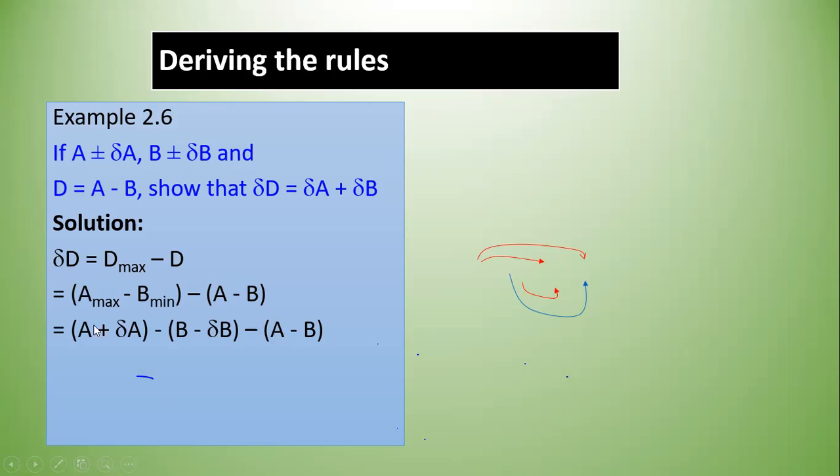So we can see A minus A, no more, 0. Minus B plus B, also no more. So we get the answer: delta A plus delta B. Right? There's no subtraction.